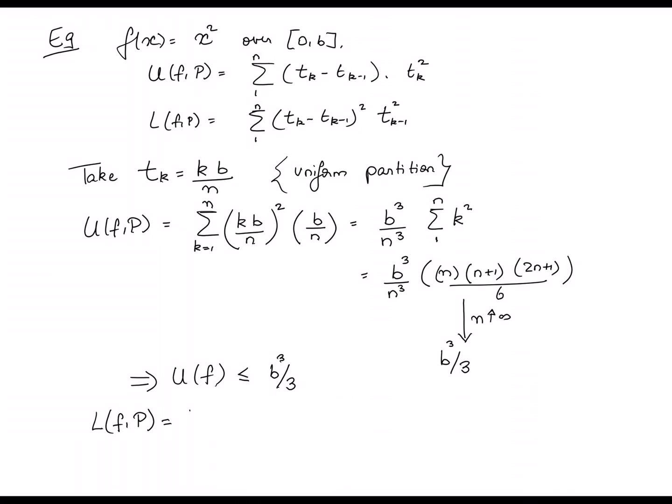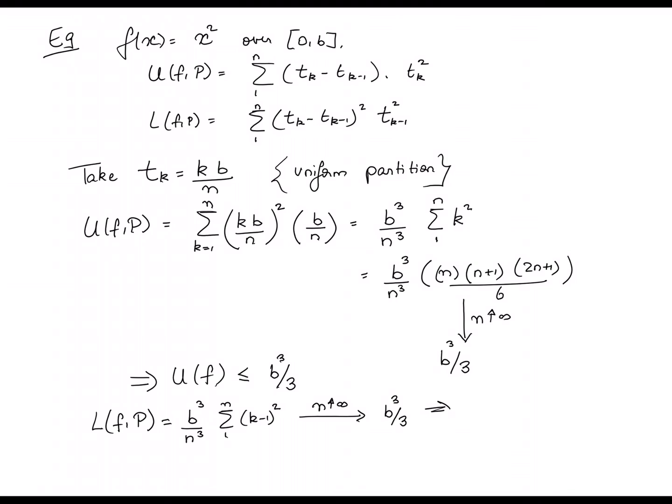I leave the details for you to verify, but this just ends up becoming the summation of k minus 1 the whole squared, also running from 1 through n. So effectively it is the summation of k squared from 1 through n minus 1. Just plug in the same formula above and check for yourself that as n goes to infinity, this also converges to the same value, b cubed by 3.